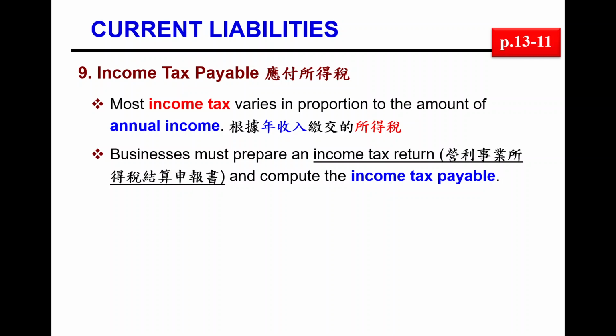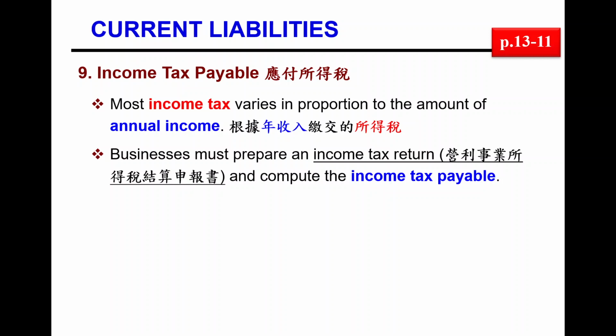You have to prepare this form, then to calculate, compute based on the past 1 year, your annual income. So you have to calculate how much, what's the tax, income tax you have to pay to the government. Okay? So on the last day, you have to prepare it and also recognize this is your income tax payable.